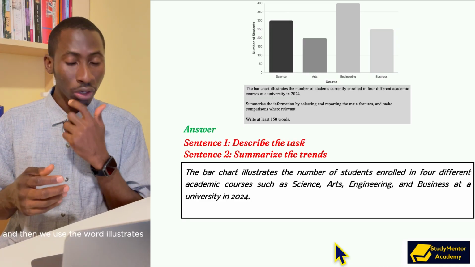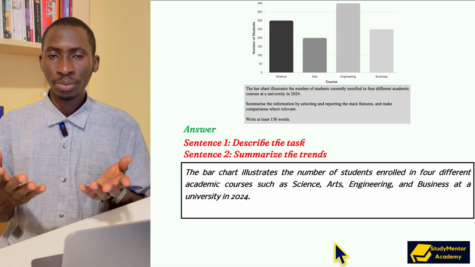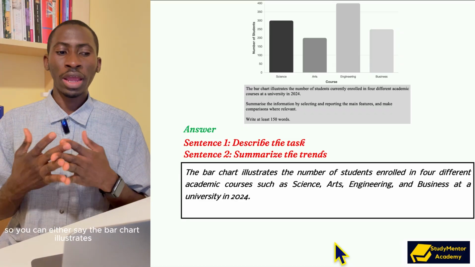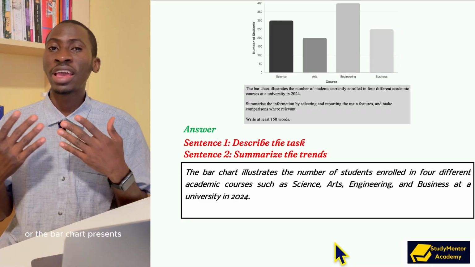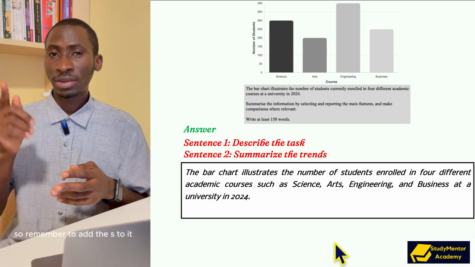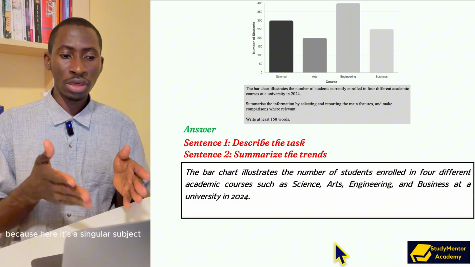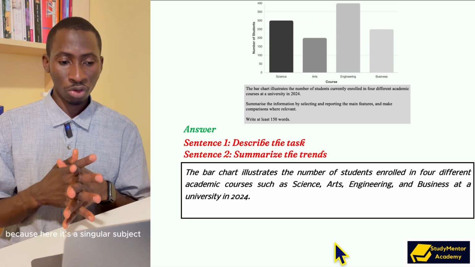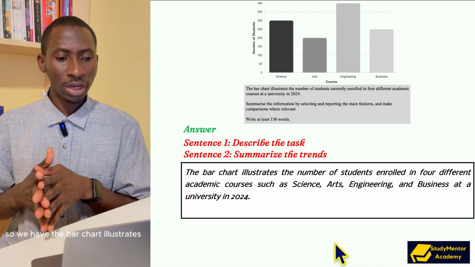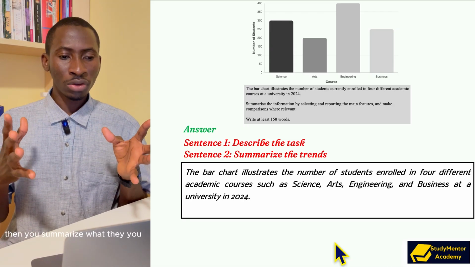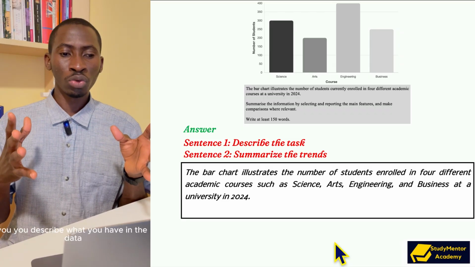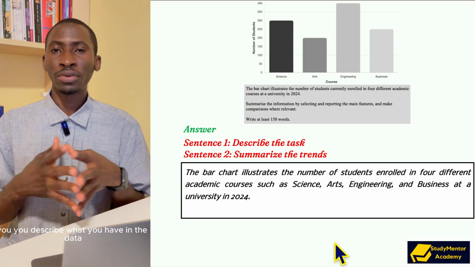And then we use the word illustrates because it presents. So you can either say the bar chart illustrates or the bar chart presents. Remember to add the S to it because here it's a singular subject. So we have the bar chart illustrates, then you describe what you have in the data.